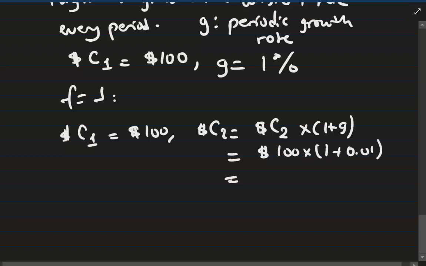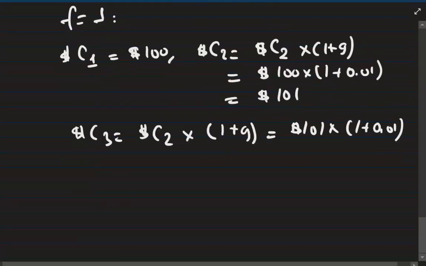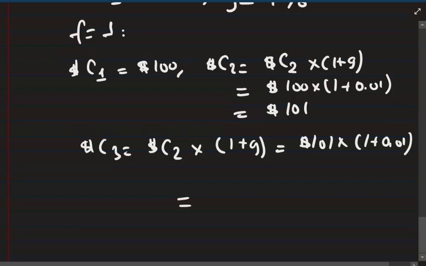Third payment is second payment times 1 plus G, so 101 times 1 plus 0.01, and that should be $102.01, and so on.